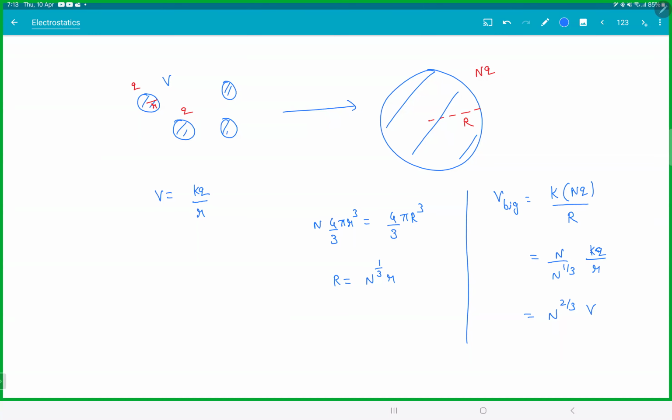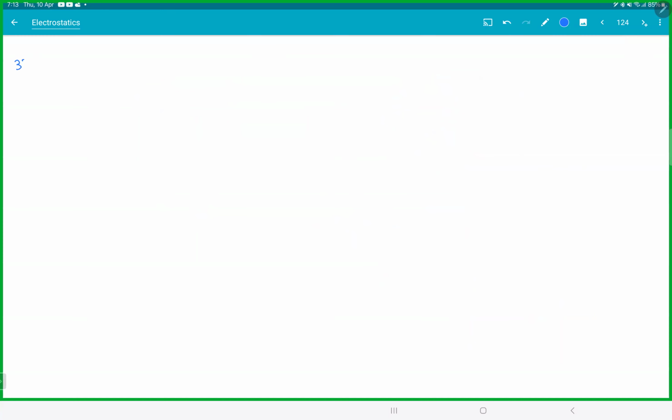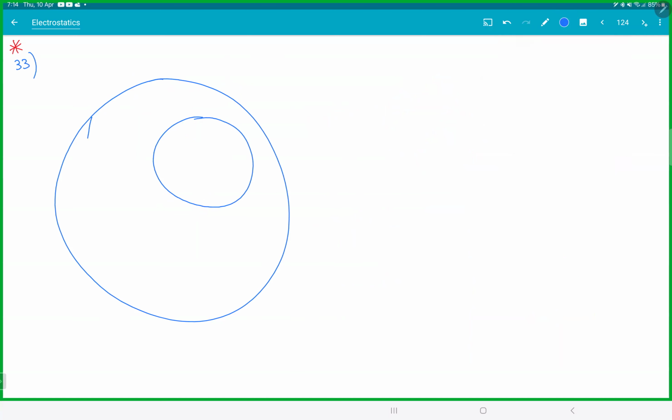Turn the page. This is a very important result. I definitely wanted you to remember this. We have a solid sphere with a cavity. Now remember, again, technically you can't see the cavity, but I'm just drawing it in 2D here.